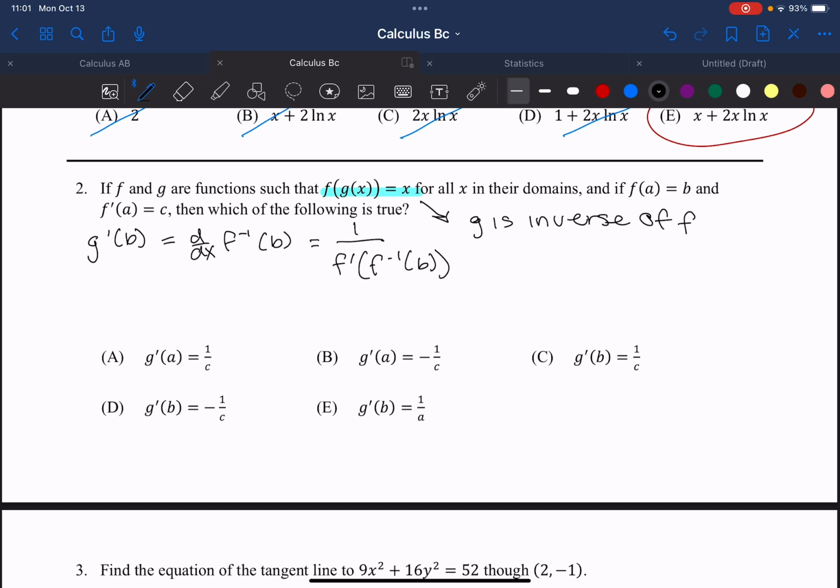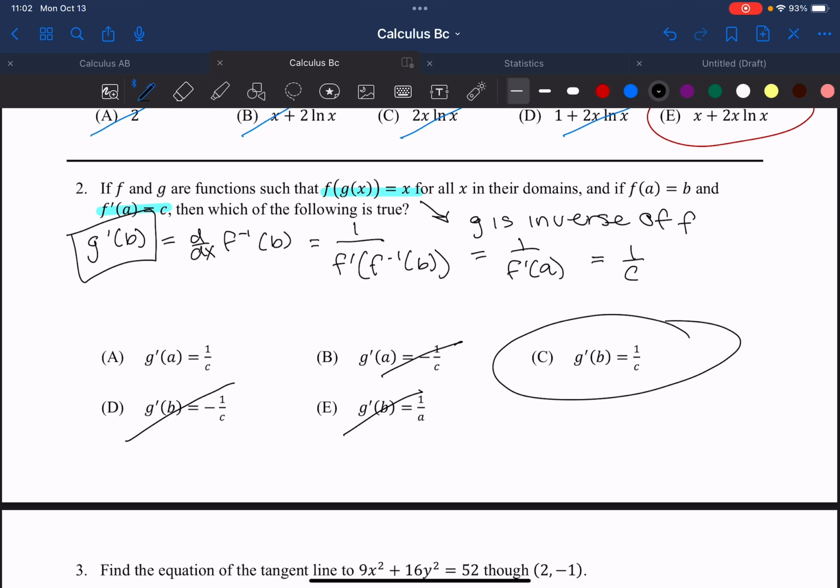Well, based on the rules of inverse, we know that the derivative of f inverse at b is going to be equal to 1 over the derivative of f at a, and we know that the derivative of f at a is equal to c, so the answer is 1 over c. Okay, so it's not those ones, that one or that one, and remember we started off with g prime of b, so our answer is C.